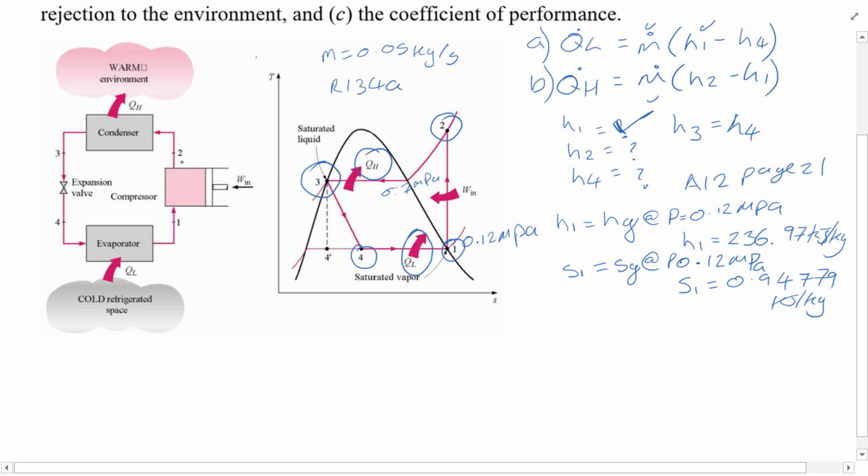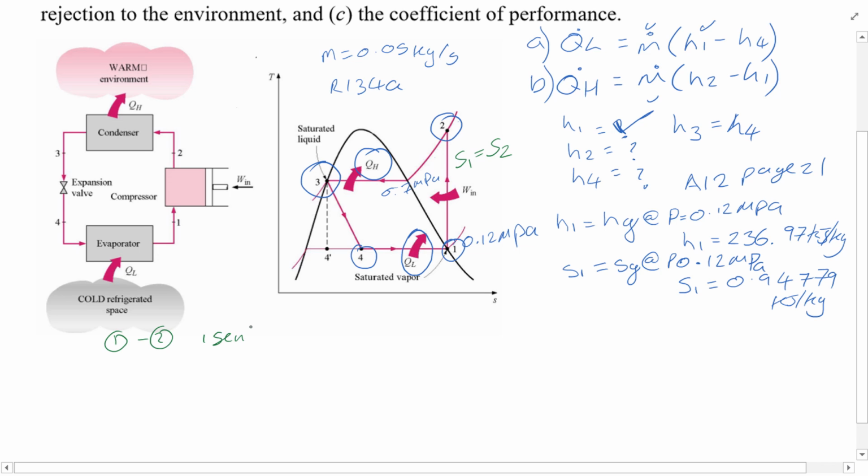We found H1. Bearing in mind process 1 to 2 is an isentropic process, if you notice the straight line here, S1 is equal to S2, and hence there's no change in entropy from points 1 to 2.